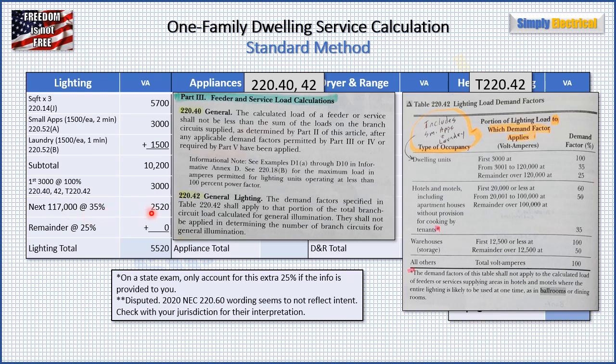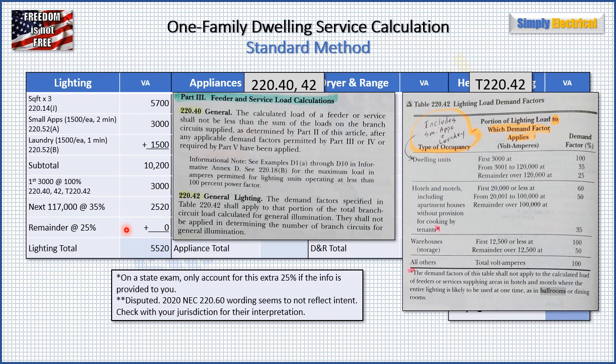Now, if we have something beyond that, like if we have a mega huge house, or we're dealing with multifamily, we may go beyond 120,000, and anything over 120,000 we would take at 25%, which I show here. Now that's pretty rare. You're hardly ever going to use that unless you are doing multifamily.